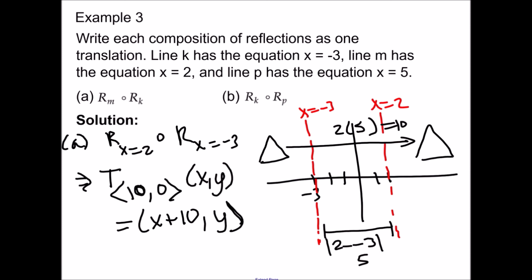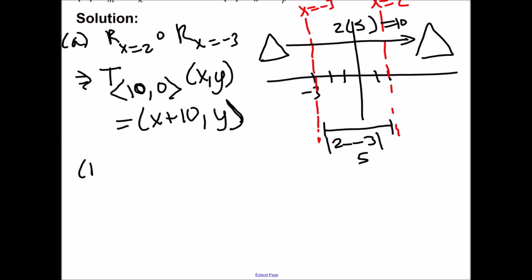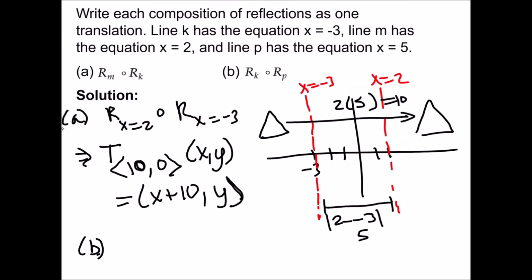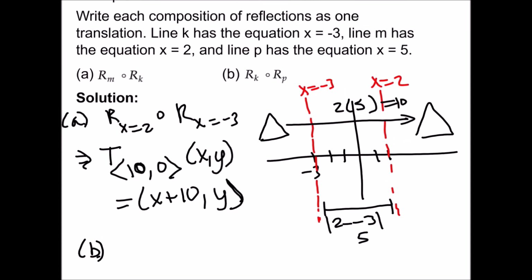So now if we were to do it for part B, in this case you're going to be doing, so we'll write it here. In this case, first you're going to be reflecting about the equation x equals 5 and the equation x equals -3.